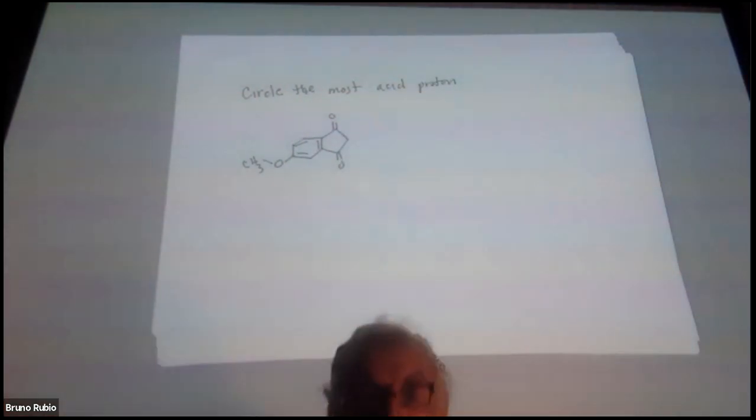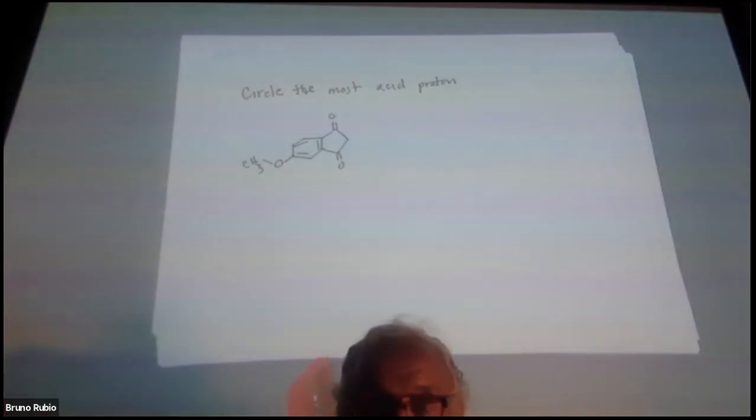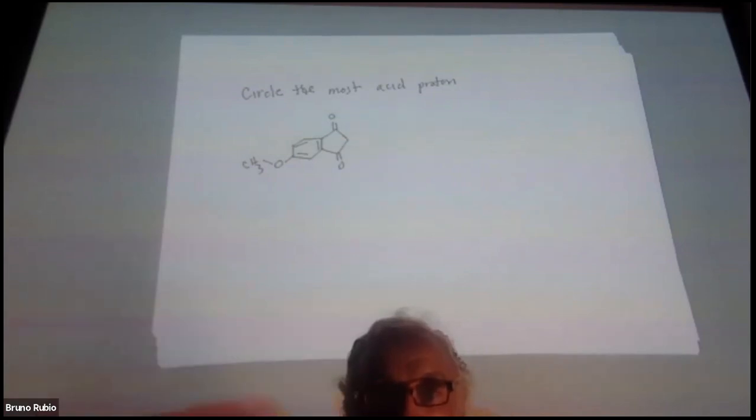All right, so what would be the most acidic proton in this molecule? We have to go to that table, or we have to memorize that table to do a problem like this. And what we're doing is we're looking down that table, shopping around in that table, matching up every proton in this molecule to an entry in that table. And then the most acidic proton will be the one with the lowest pKa.